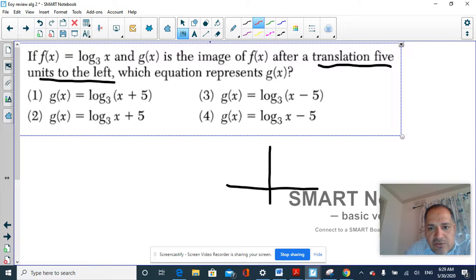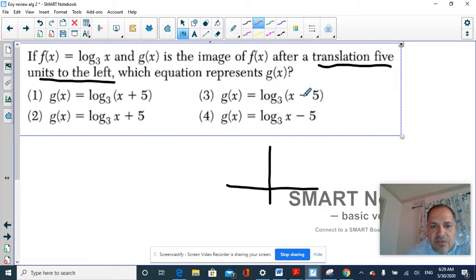A change inside the function itself or outside? Up and down will be outside, like this one, 3 and 2. This is up 5 units, down 5 units. So 3 is up, 2 is down 5 units. The given two here: the first one is left 5 units, the third one is right 5 units.